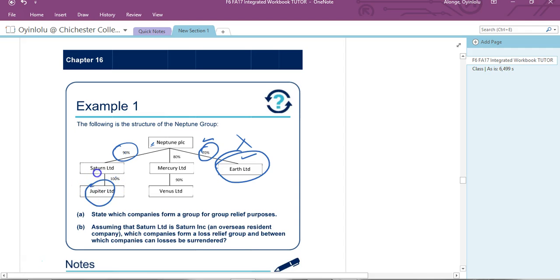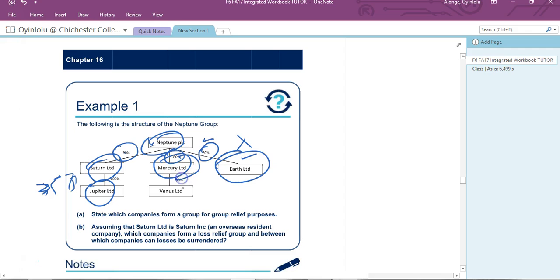So Jupiter, Saturn, and Neptune can be part of the same group. There is an effective interest greater than 75% between Neptune and Jupiter. Let's look at Mercury. Yes, Mercury can also be part of this group because there's an 80% relationship here.